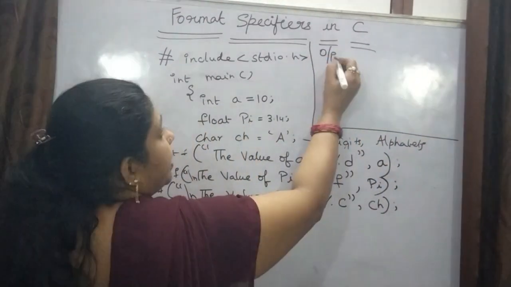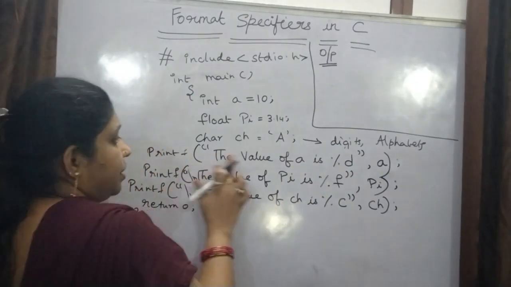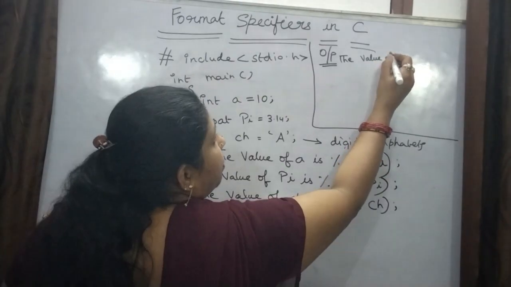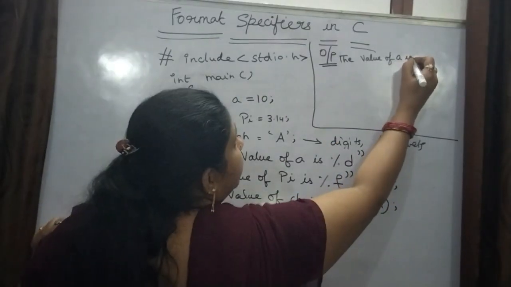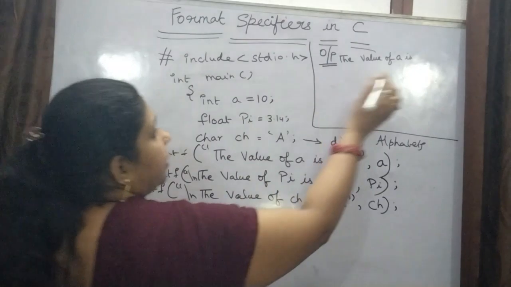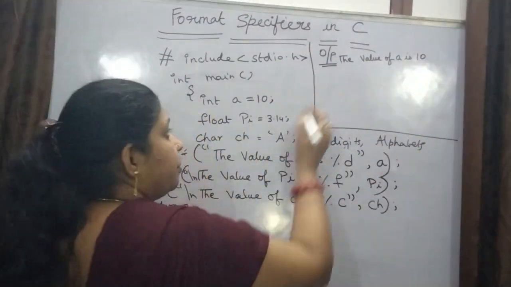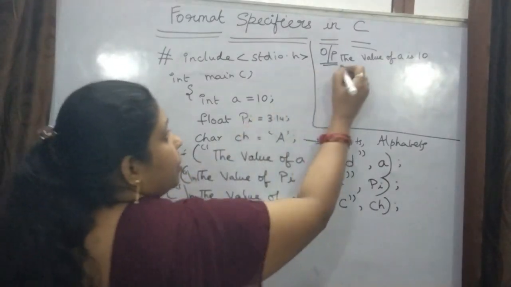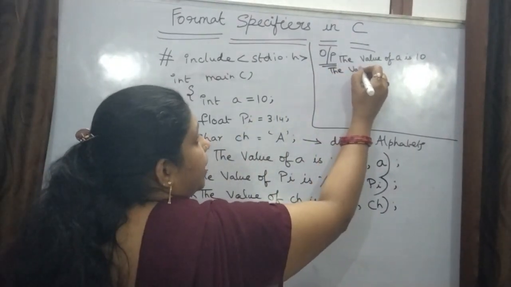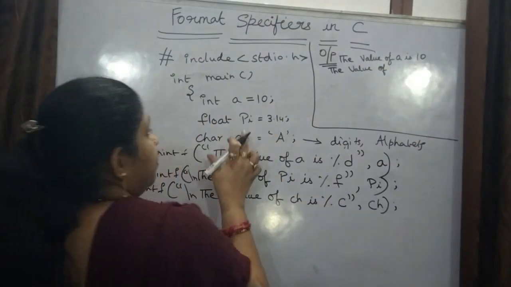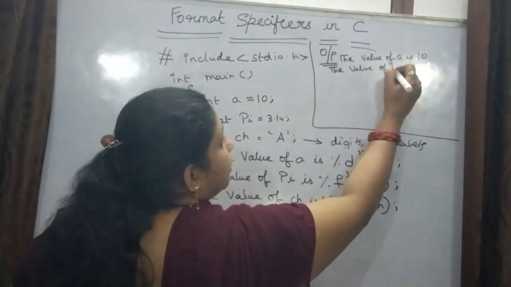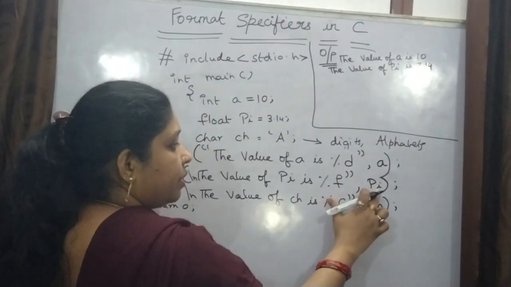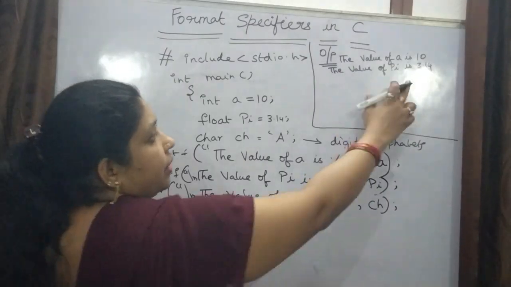The output for this program is: first it will print the value of A is, what is there in A? 10. Over. Now it will come to the next line because I gave backslash n here. So the value of pi is 3.14, because I have given the variable name here, that value comes here.